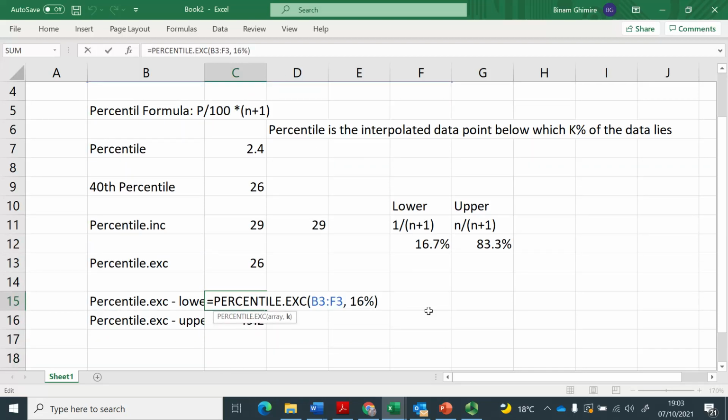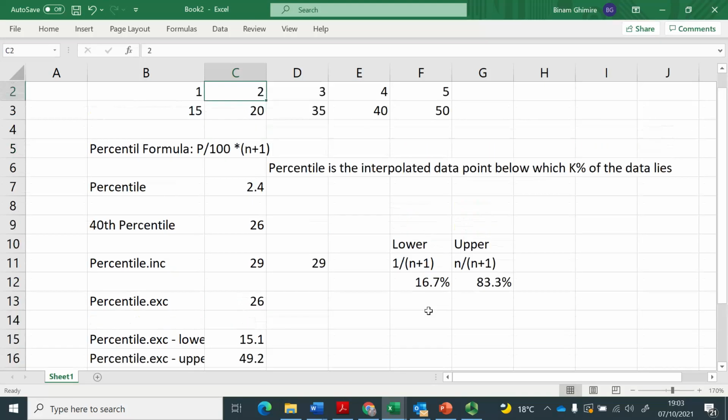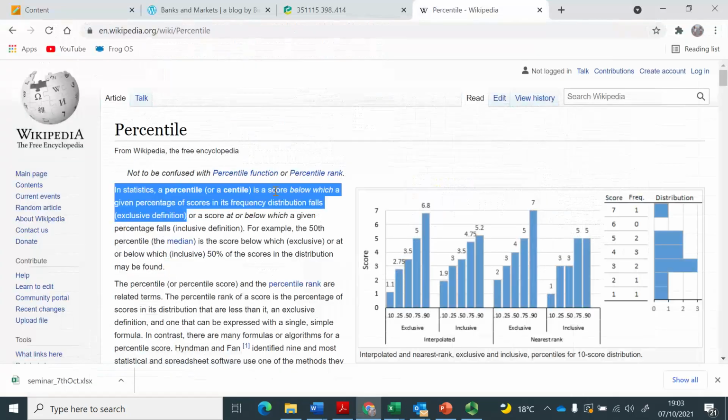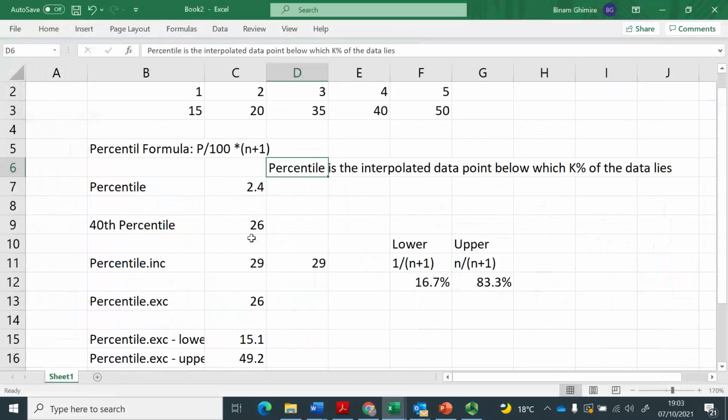As soon as this is something like 17, it works. Okay, so that's basically the difference between INC and EXC. If you follow the correct definition of percentile, the traditional statistics definition, which is also explained here, a score below which a given percentage of scores in its frequency distribution falls, then you should be tempted to make use of the .EXC function.